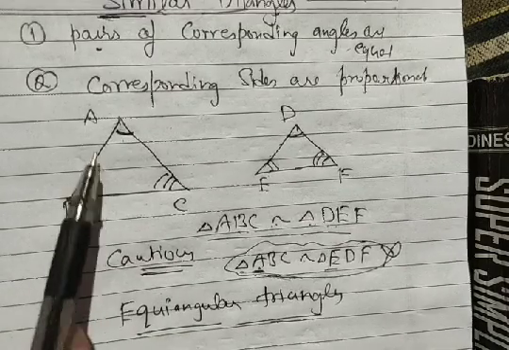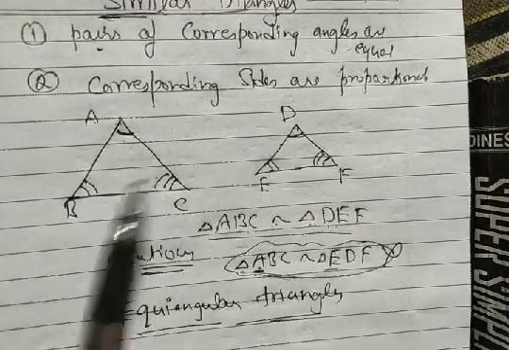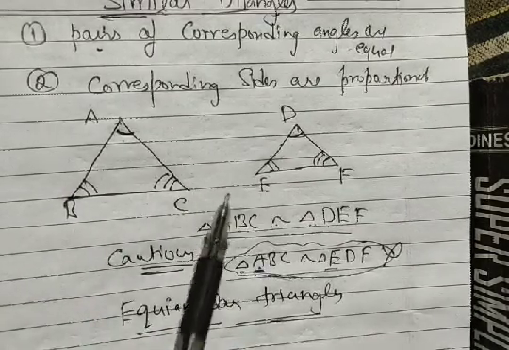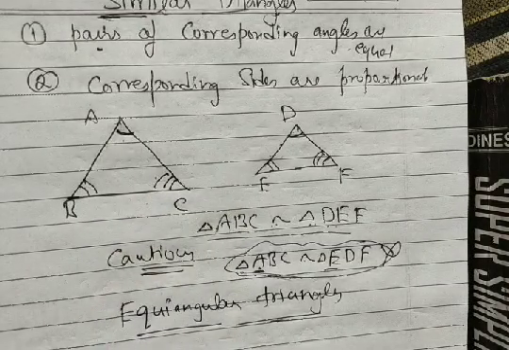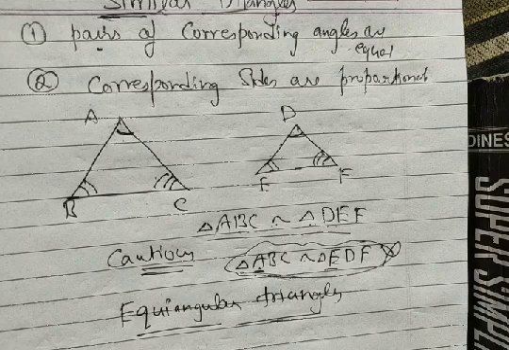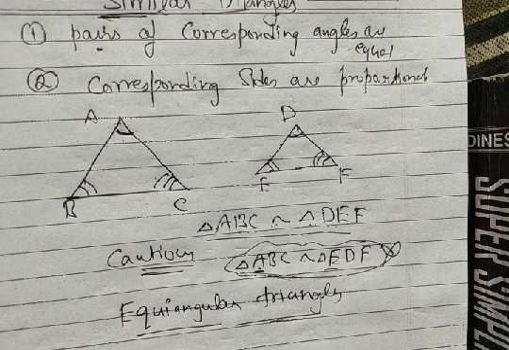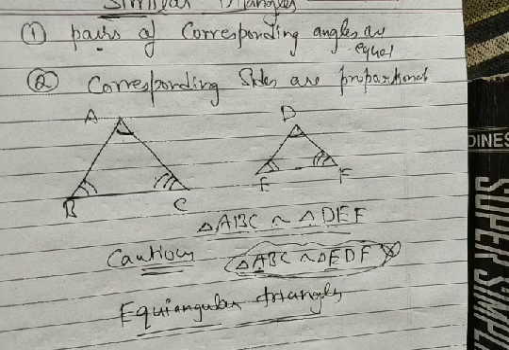These triangles are known as equiangular triangles because their corresponding angles are equal. The Greek mathematician Thales established the following important result relating to equiangular triangles. He observed that the ratio of any two corresponding sides in two equiangular triangles is always the same.